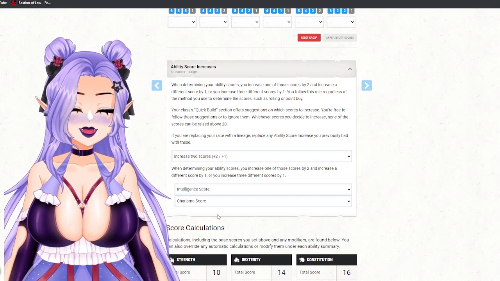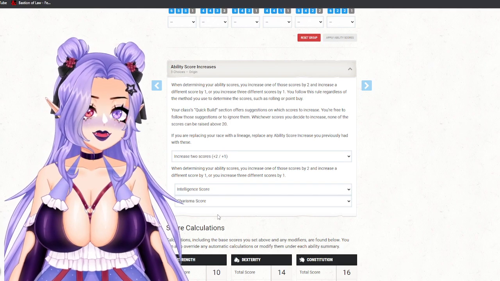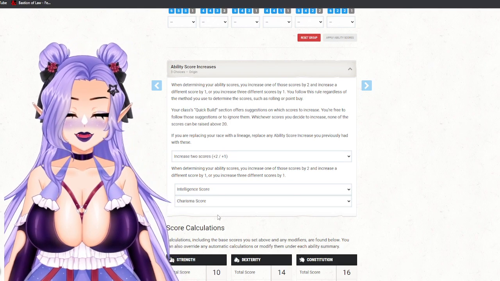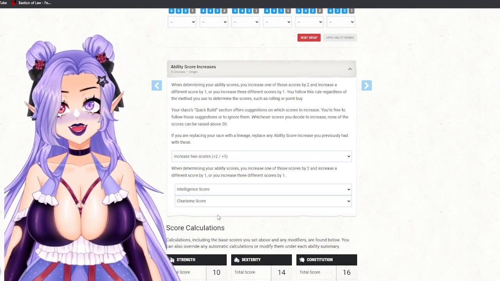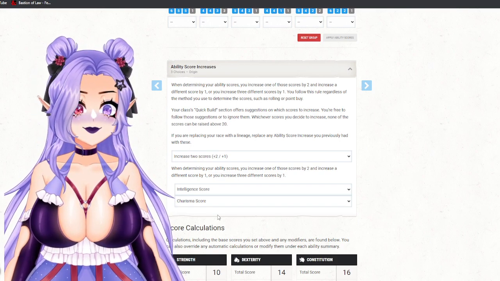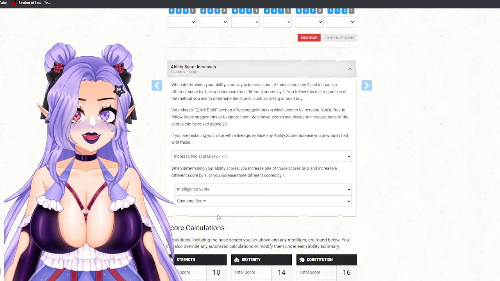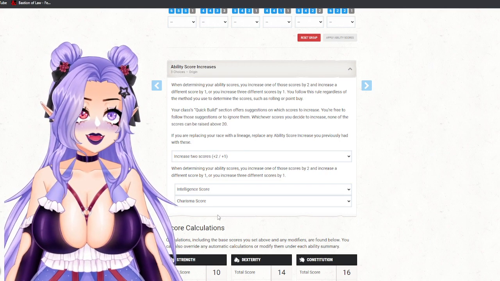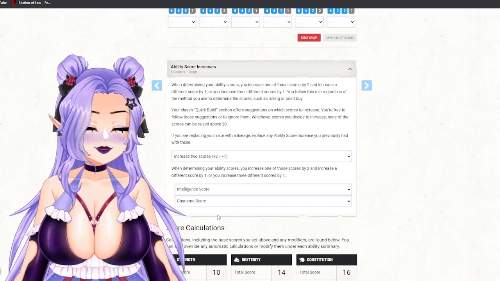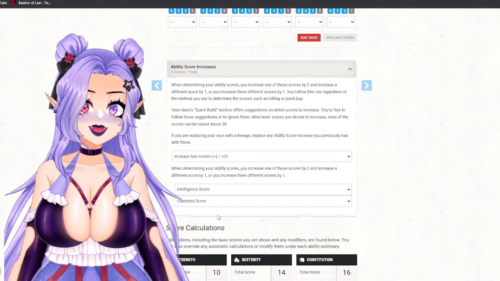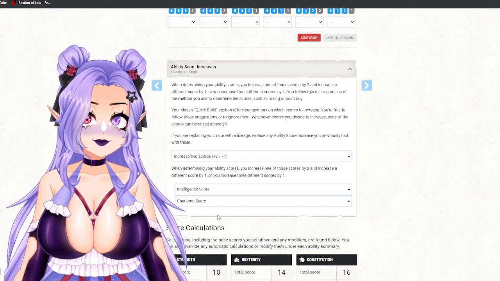Go for it. Because if that's the character that you want to play and you want to have that maxed out charisma right off the bat, I'm totally cool with that. When it comes to character creation, I'm a very lax DM as long as it can somewhat make sense, because I really just want my players to have fun at the table, and that's what matters to me the most.